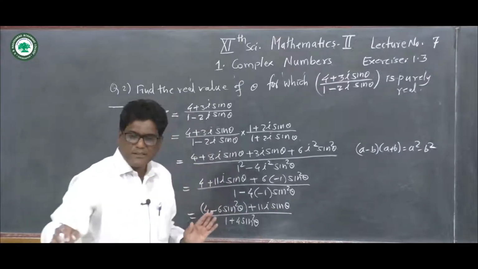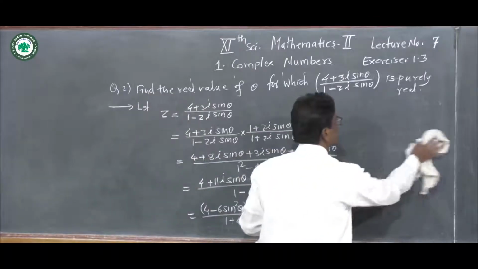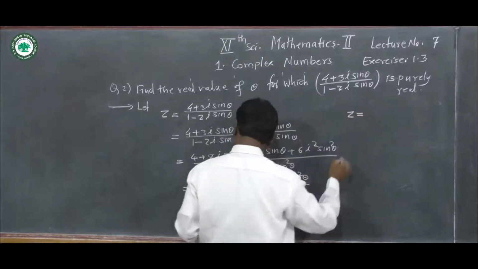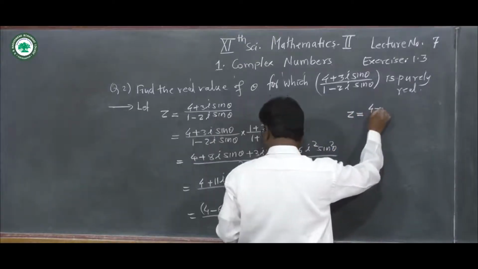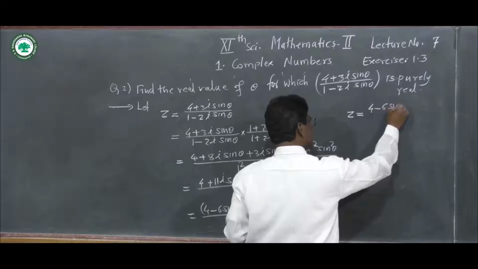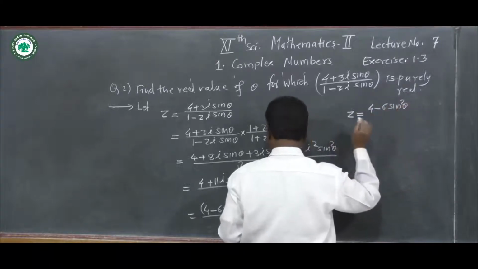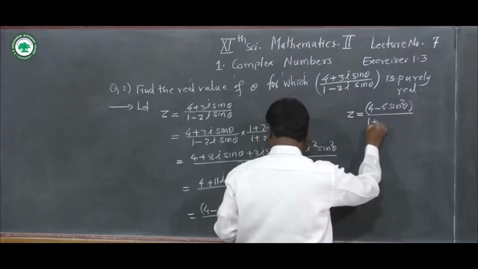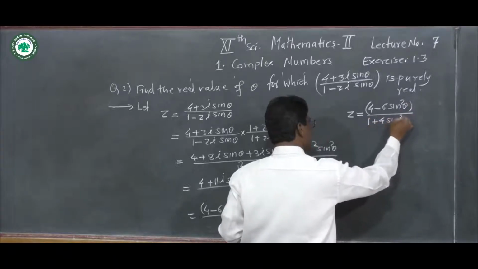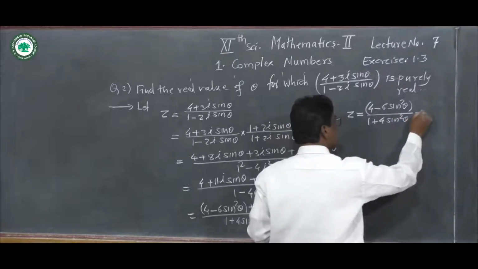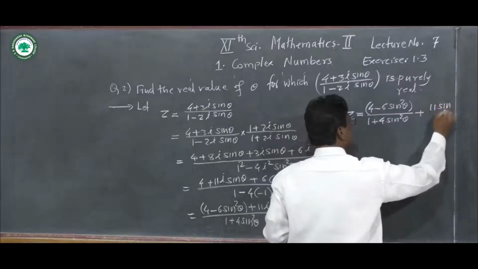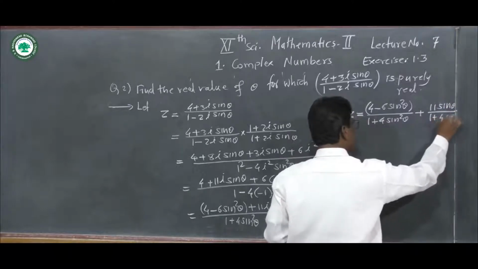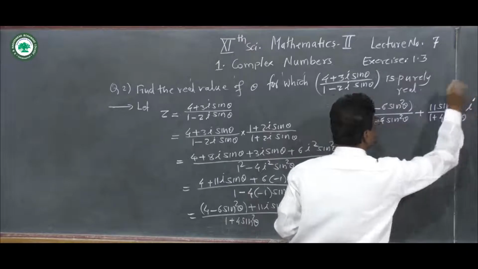So what we get here? z is equal to (4 minus 6 sin square theta) divided by (1 plus 4 sin square theta) plus (11 sin theta) upon (1 plus 4 sin square theta) into this i.